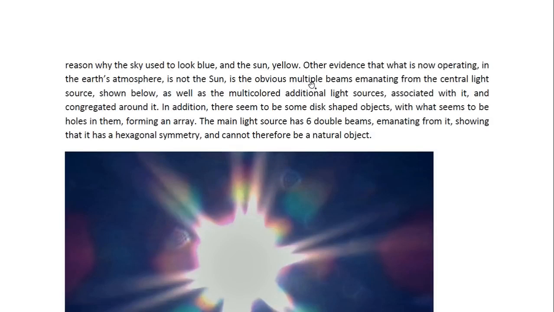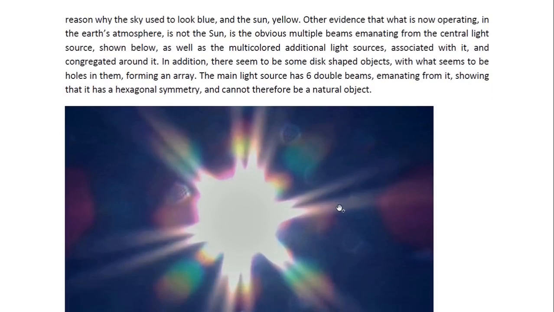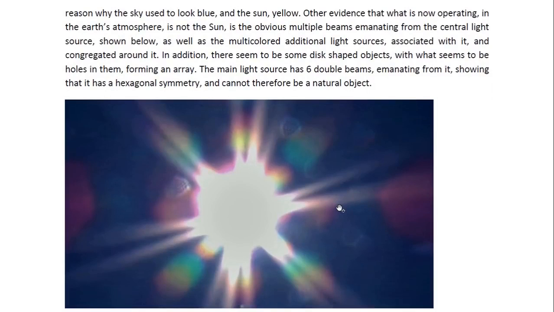Other evidence that what is now operating in the Earth's atmosphere is not the sun is the obvious multicolored beams emanating from the central light source, which we can see here, as well as the multicolored additional light sources. As you can see, several light sources around the central light source, and these are congregated around it.